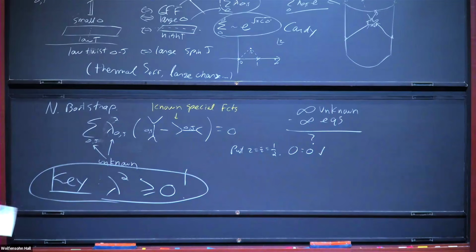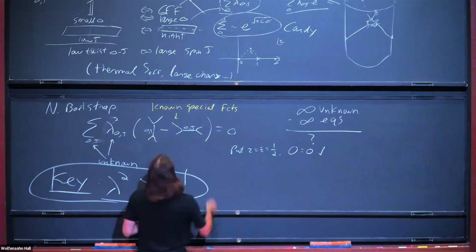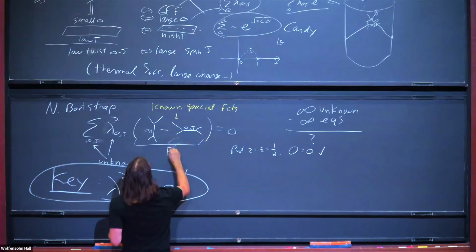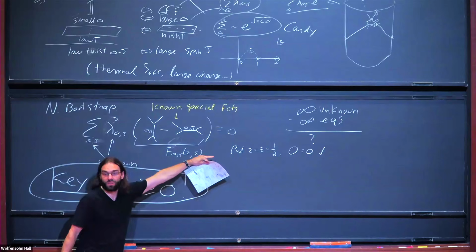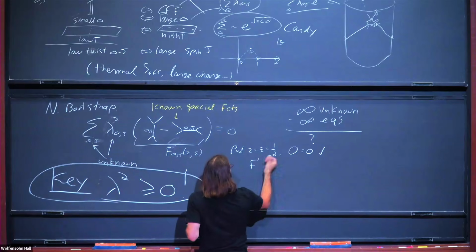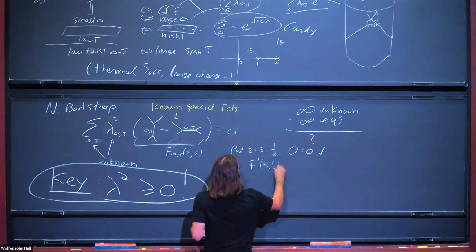But remember, you have infinitely many equations because we can vary the point. So we can take this combination and call it f delta j of z bar. We can take a derivative and then set z bar equal to half. We can compute f prime of half, and that is not 0.